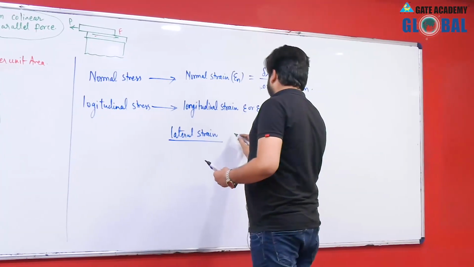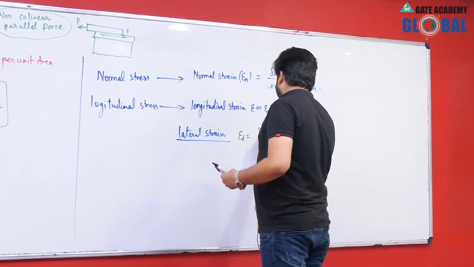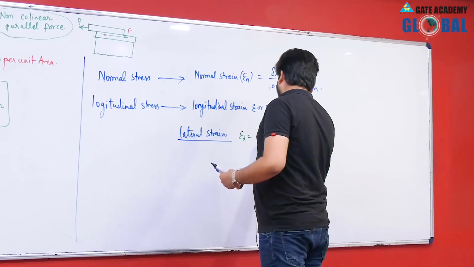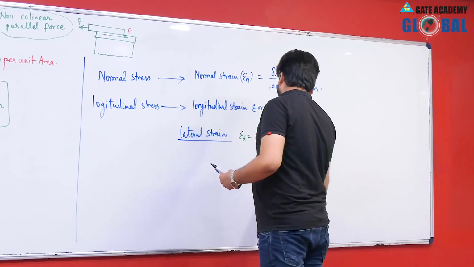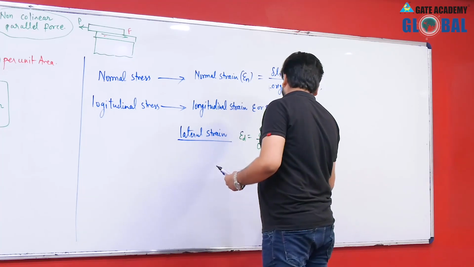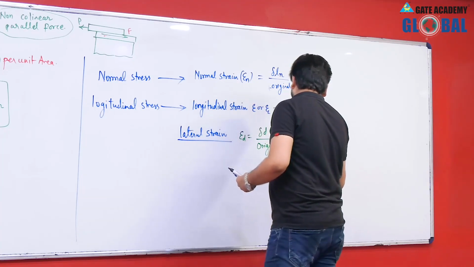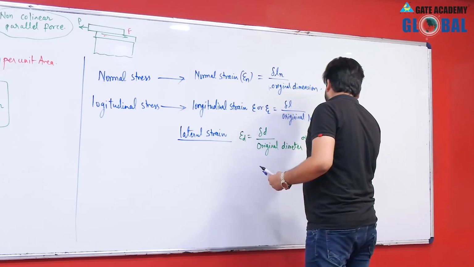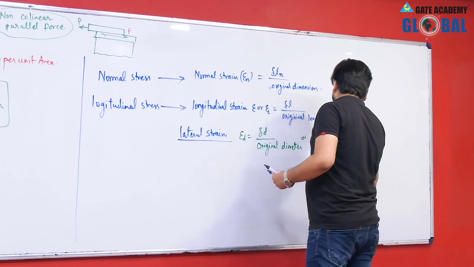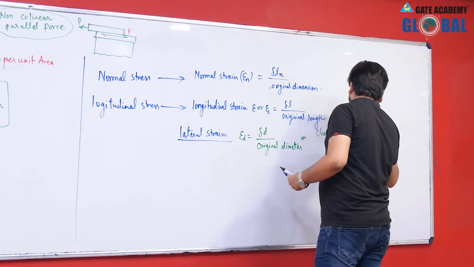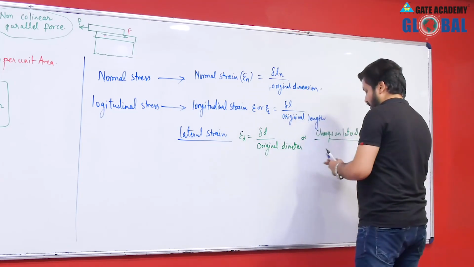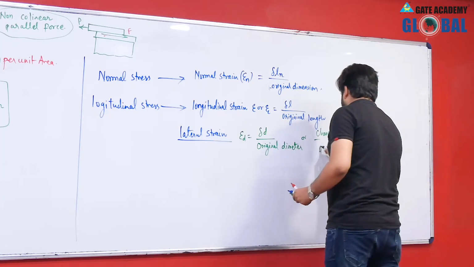So lateral strain is the change in diameter divided by the original diameter, or you can write the change in lateral dimension divided by the original lateral dimension.